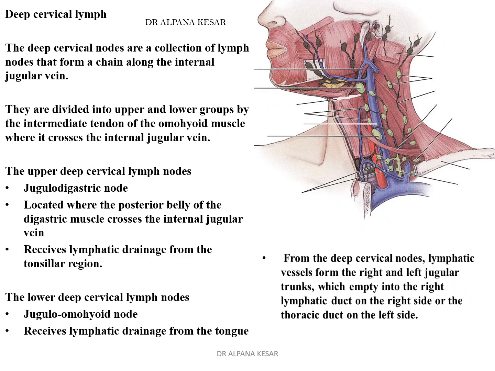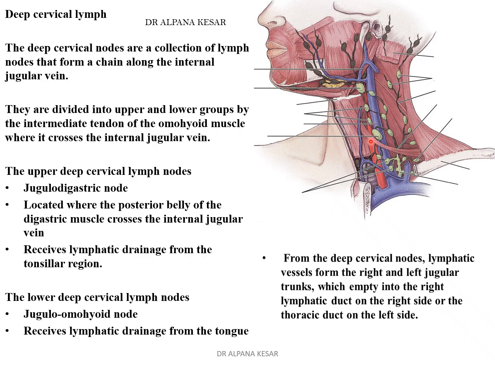Deep cervical lymph nodes. These are the deep cervical lymph nodes, which are a chain of lymph nodes present along the internal jugular vein. Deep cervical lymph nodes are present deep to the sternocleidomastoid muscle.